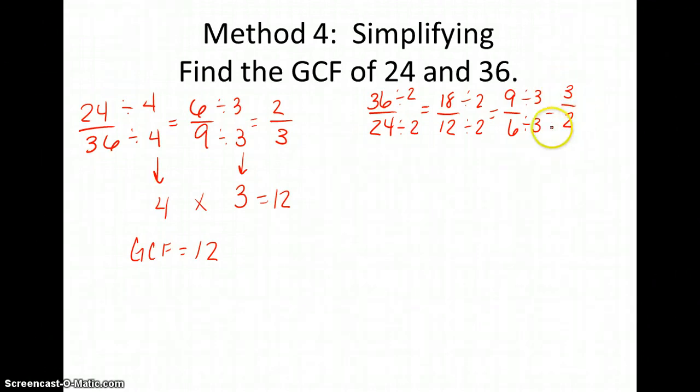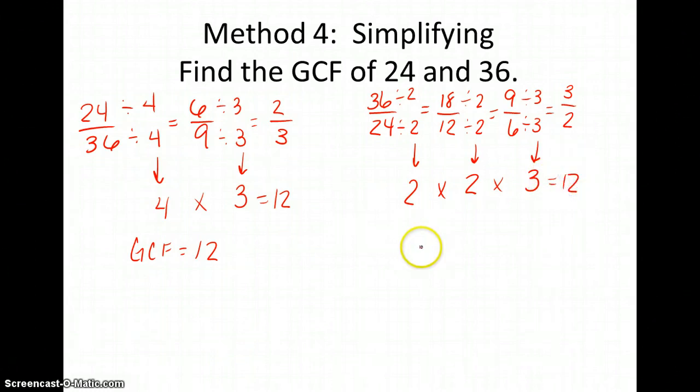And I notice that my ratio is in simplest terms, so I'm done. I go back and look at my work. I divided by 2, then 2, then 3. So if I multiply these, 2 times 2 is 4, 4 times 3 is 12, and I figured out, just slightly different, that the GCF of 24 and 36 is 12.